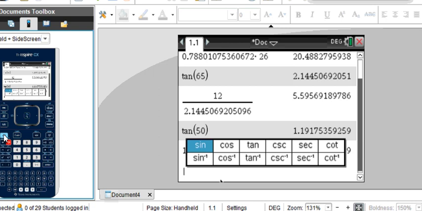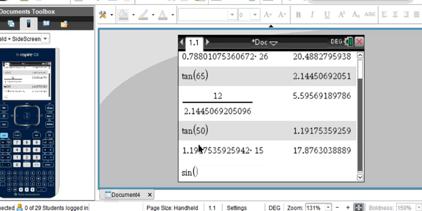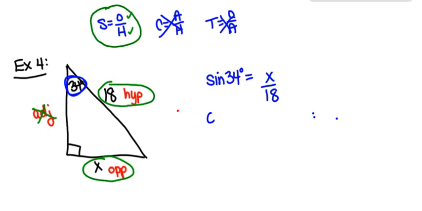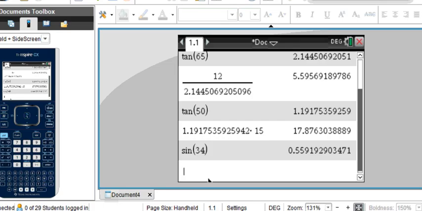Notice these are getting much quicker every time we do them. Sine of 34, 0.5591, equals x over 18. So I'm going to put that over 1. So x is going to be equal to my 0.55 number times 18.